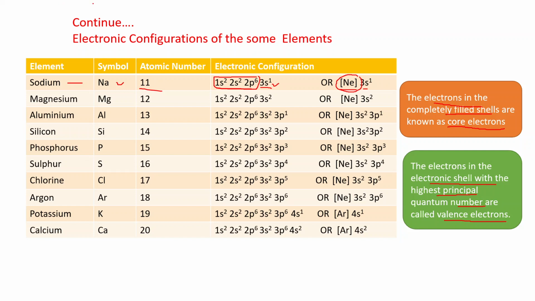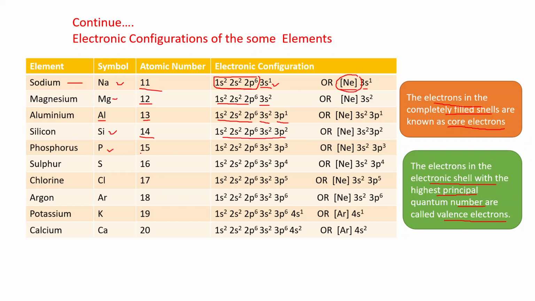Then come to the next element, magnesium, Mg, 12, 1s2, 2s2, 2p6, 3s2. Aluminium, Al, atomic number 13, 1s2, 2s2, 2p6, 3s2, as the s subshell is filled, then the next electron will go into the p subshell of the third shell, that is 3p1. Silicon, Si, 14, 3s2, 3p2.